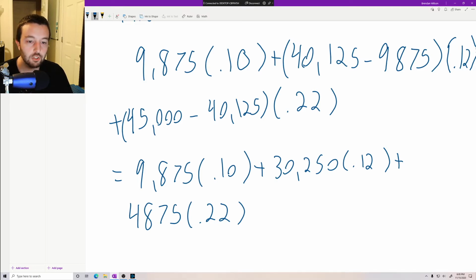Okay. So it's not the case that at 45,000 you get taxed 22%. It's only the money you make over the 40,125 that's taxed at that rate. The majority of our money is taxed at 12%, as we can see with the 30,000.